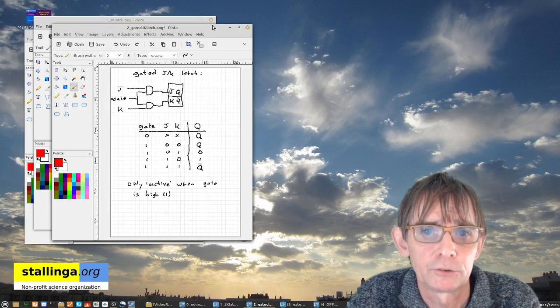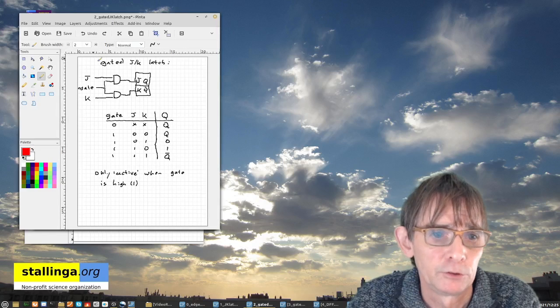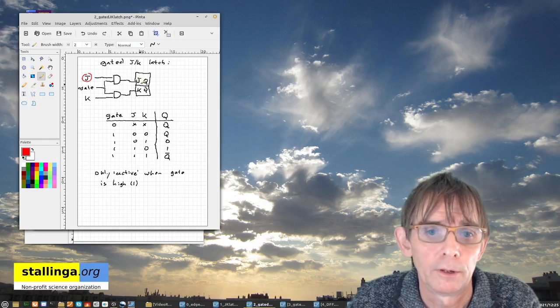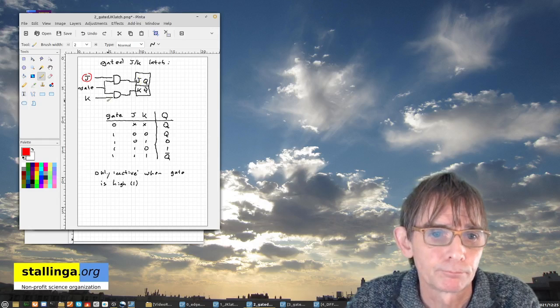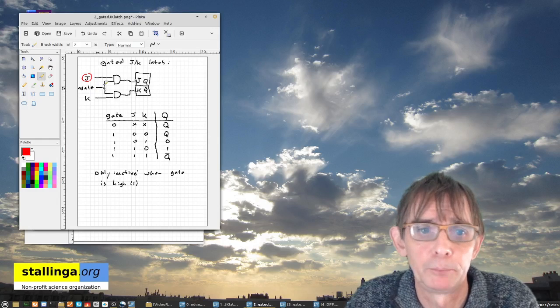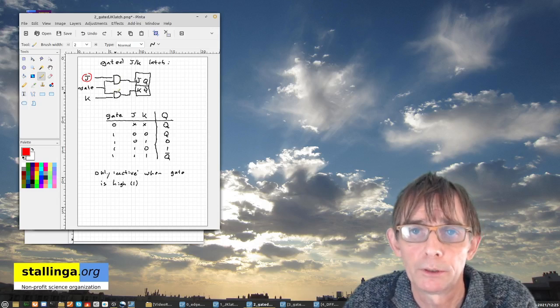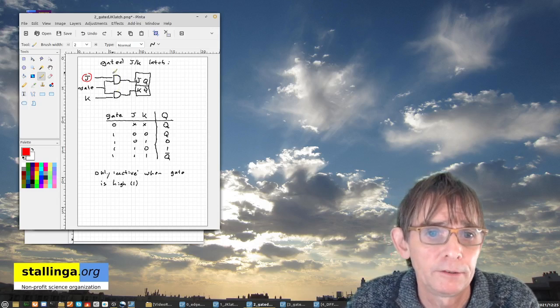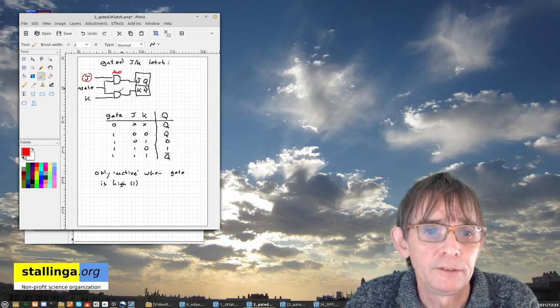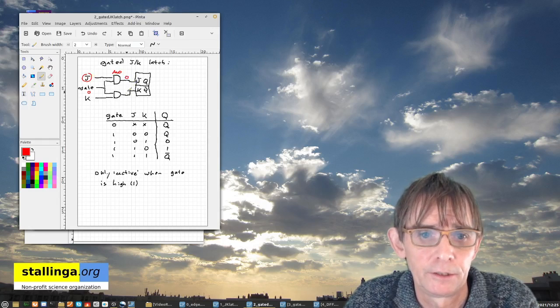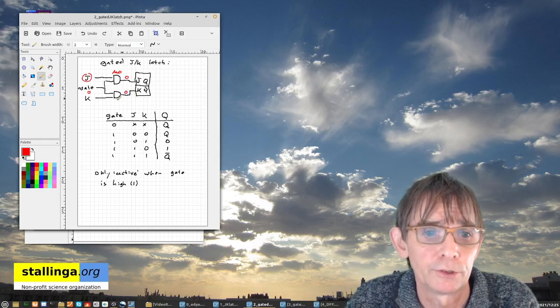Now let's complicate this circuit a little bit, and instead of supplying J and K directly to our JK latch, we put a gate in between. This gate consists of these two AND gates. That means that if the gate is 0, whatever J is, the J supplied to the JK latch is 0 and the K is also 0.